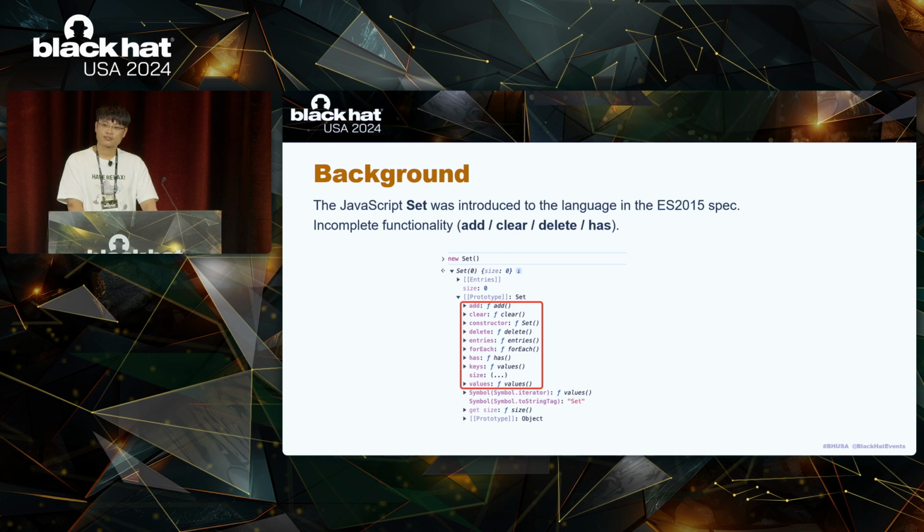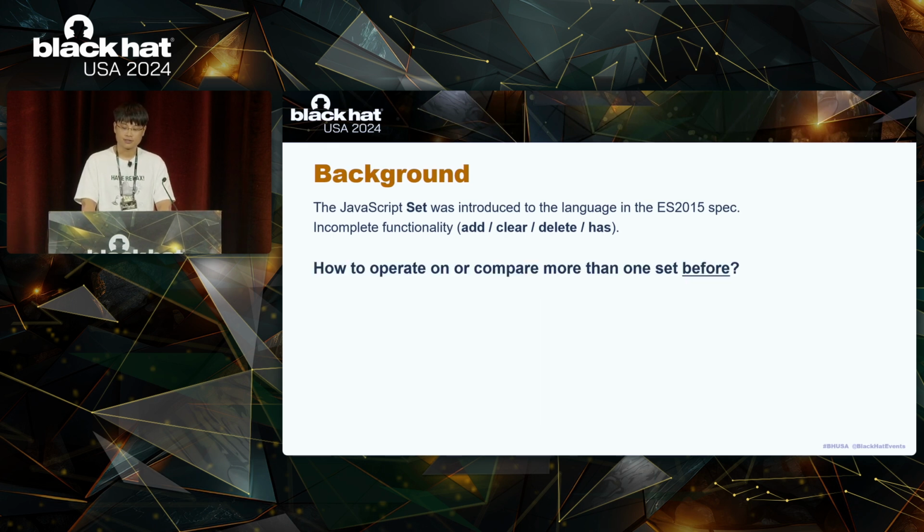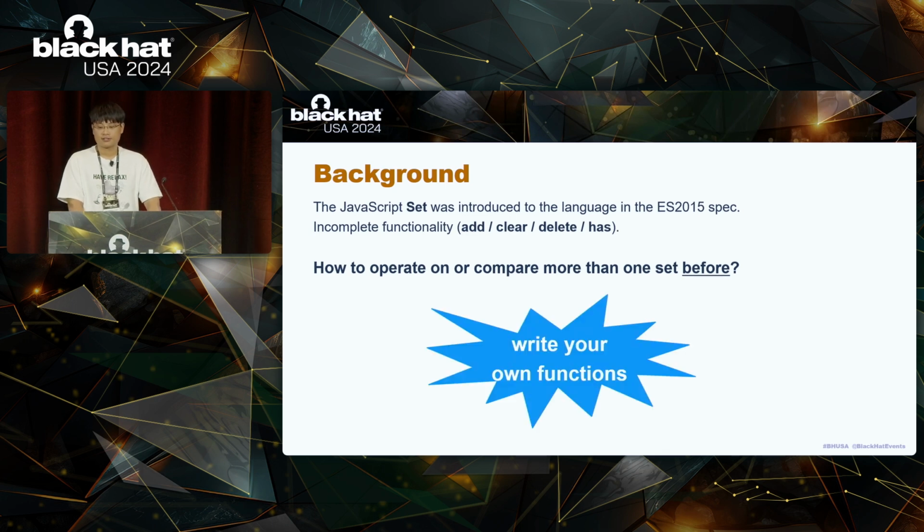However, as you can see, the functions available in this Set structure are very limited and provide only some very basic methods. All of these methods operate on the set itself. So if we want to perform some operations on 2 sets, such as getting the intersection or union, what should we do? The answer is pretty simple. You have to write your own functions to handle this situation.